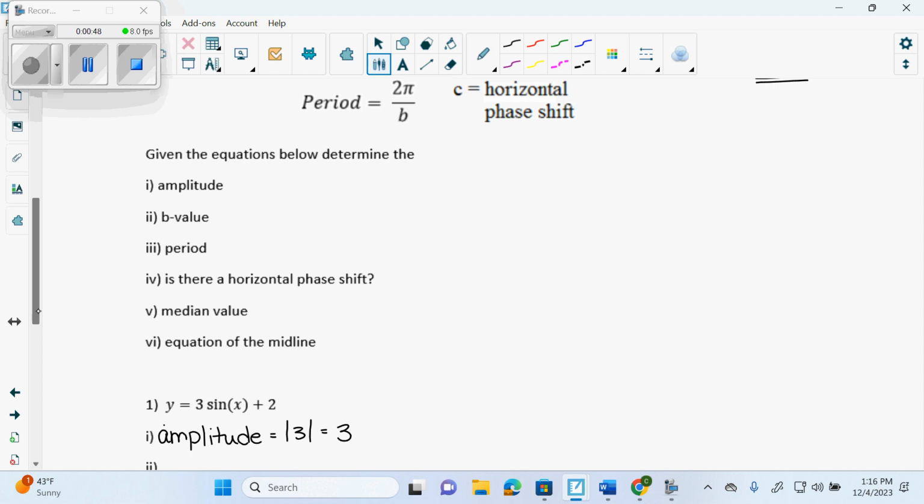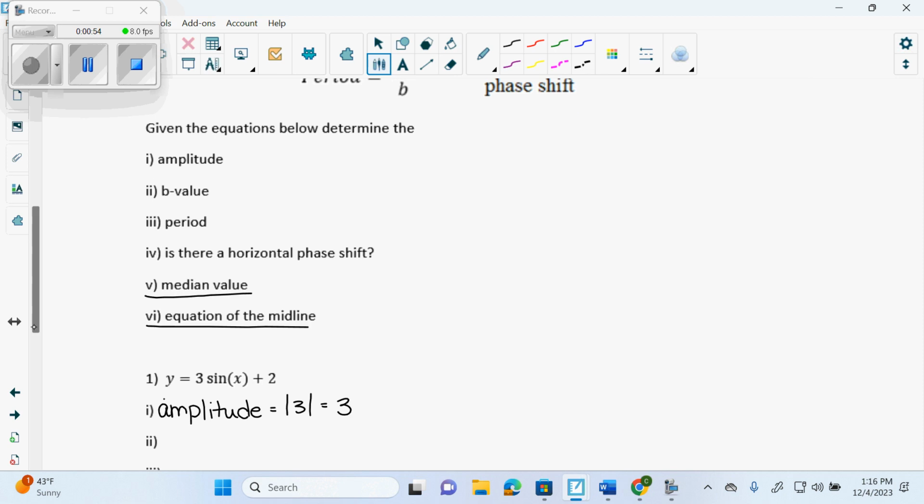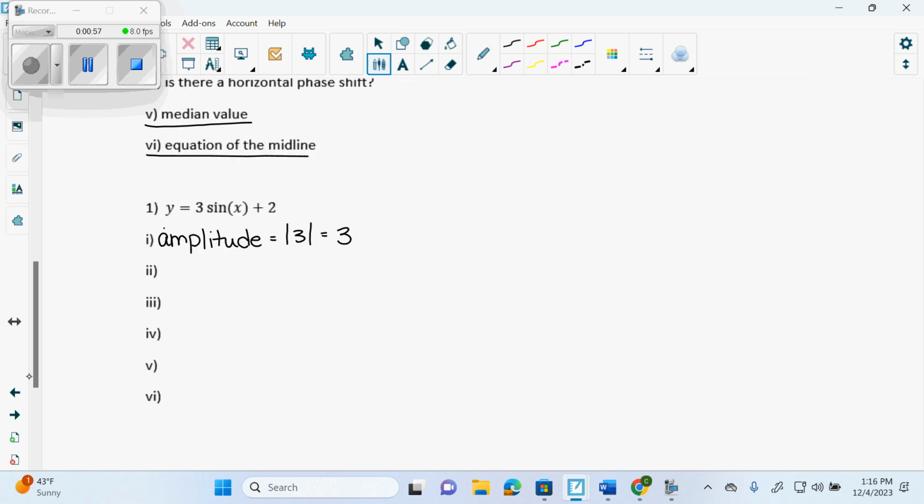Here I want the median value for 5 and 6, I want the midline. So let's talk about it. So for 5, my median value, this is my A, this is what's in front of my X is my B. Remember my equation is this, y equals A sine bx plus C plus D. We agree?